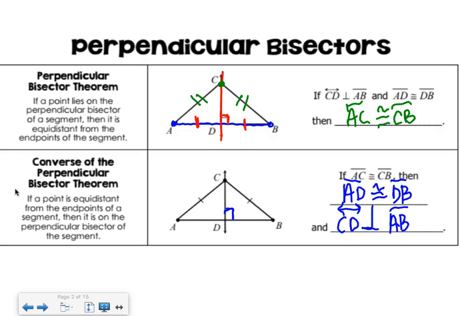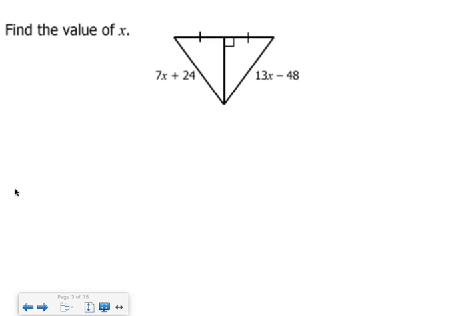So I always think words are confusing in math, but when we try it on some problems, I think it will make more sense with some numbers. It says find the value of x. So let's just first look at a few things. Is this segment here perpendicular to this one? Yes.